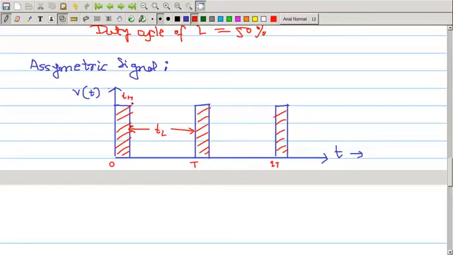This is the interval for which the signal remains high, so this is TH. Let me show it once again for another cycle. This is TH and this is TL.